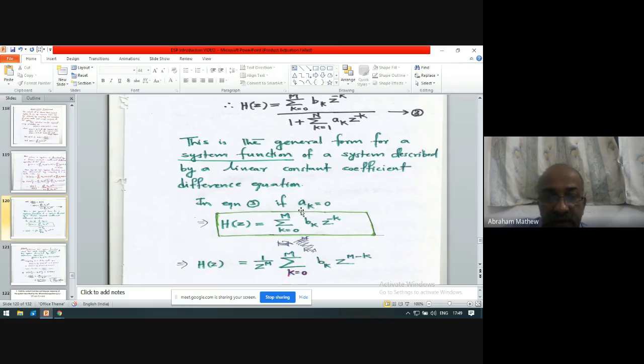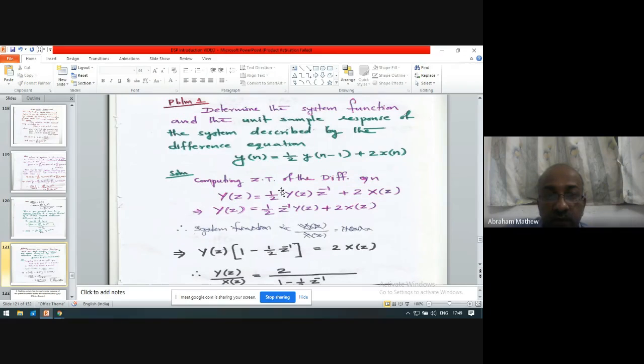So this is another important area in this unit. We can apply this system function for solving different problems.